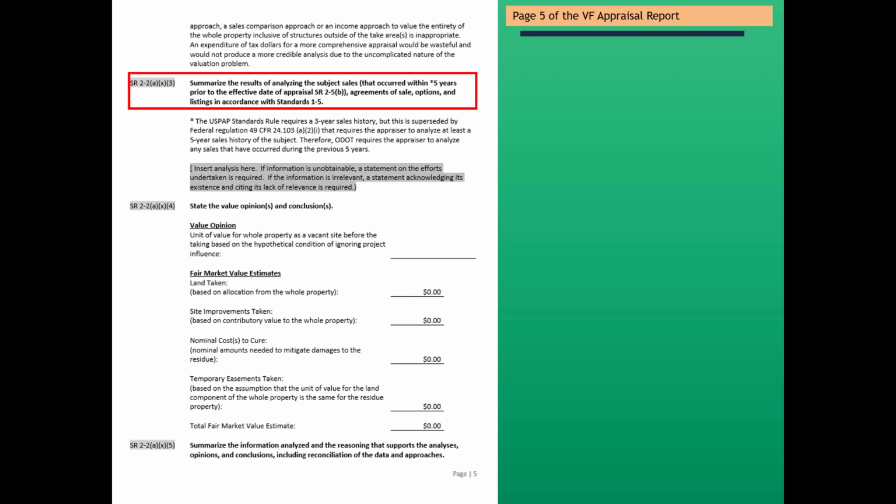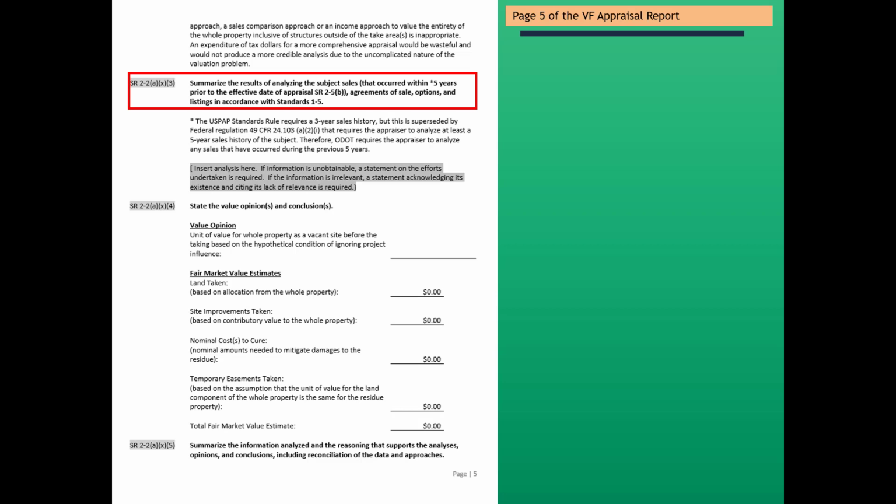Next USPAP standard is Standards Rule 2-2A(x)(3), which is summarize the results of analyzing the subject sales that occurred within 5 years prior to the effective date of appraisal per Standards Rule 2-5B, agreements for sale, options, and listings in accordance with Standards Rule 1-5.